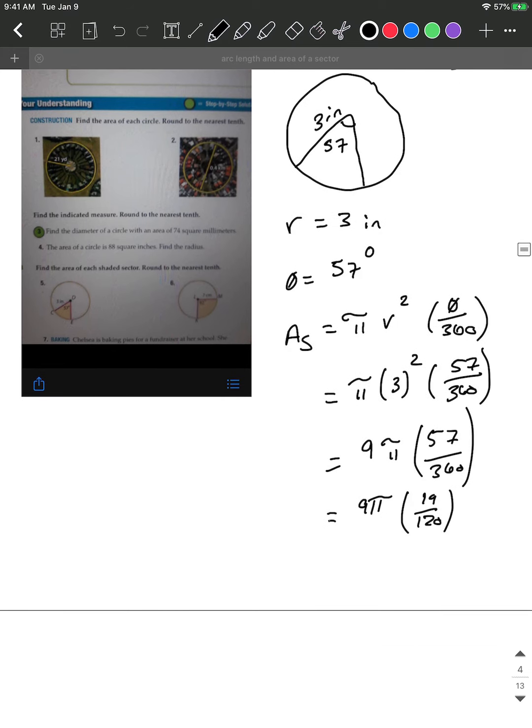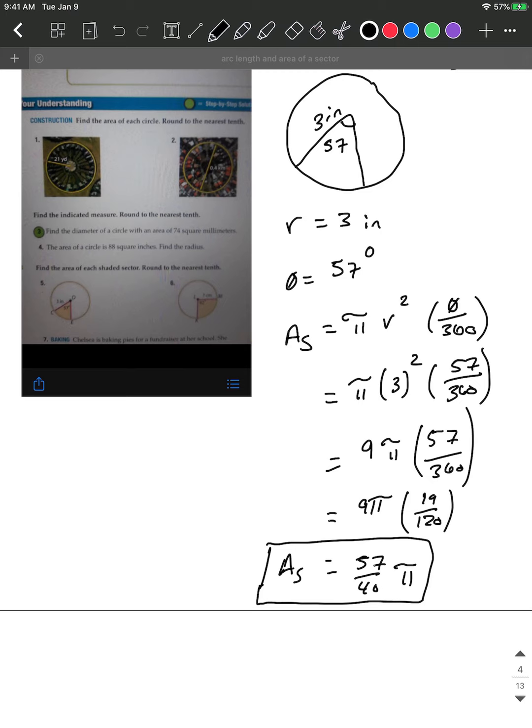Now we can multiply 19 times 9, which gives me 171 over 120, and that's 57 over 40 pi. Like I said before, I'm going to leave it as pi. That's normally the most accurate value we can get. If we try to approximate, it won't give us the best value that we could have gotten.